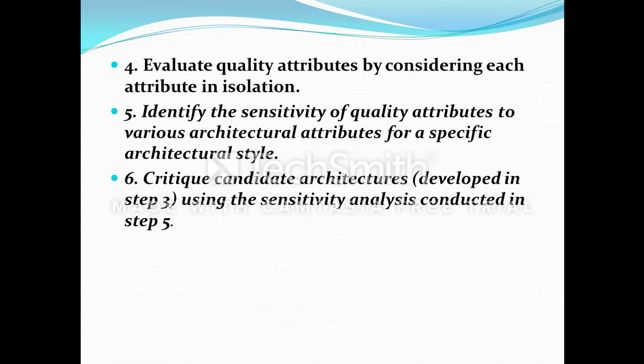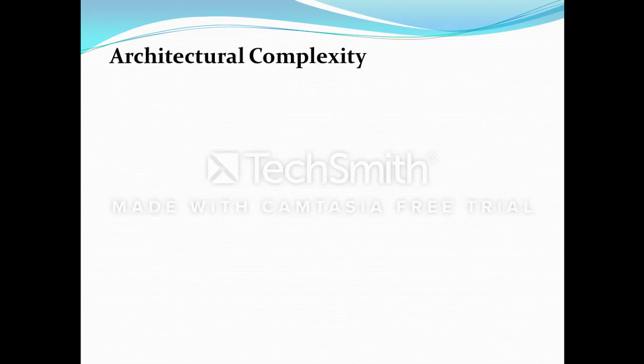So these activities are used to modify or eliminate the architecture, or we can also apply these 6 activities on the same architectures too. We use these 6 activities to identify the best architecture alternative for solving the problem. Okay, so this is the ATAM method.